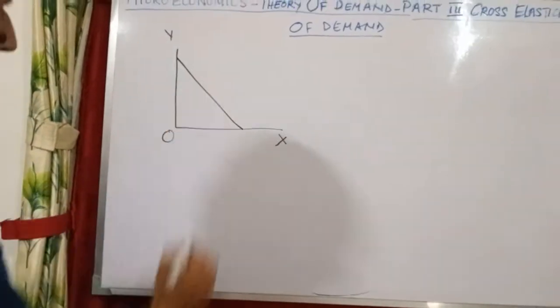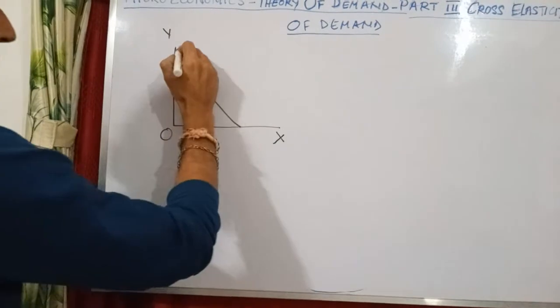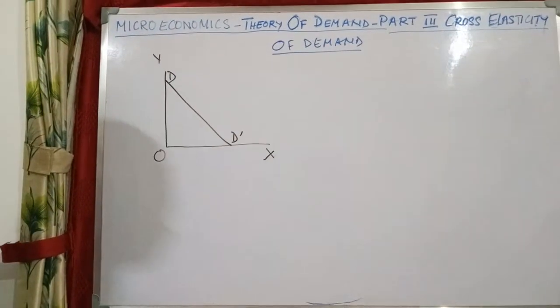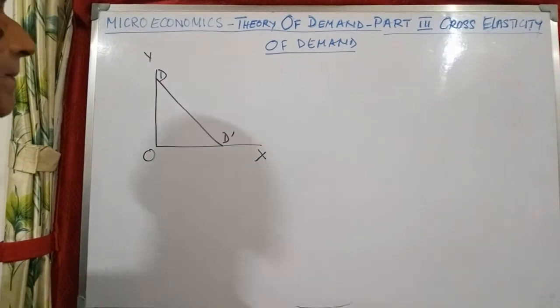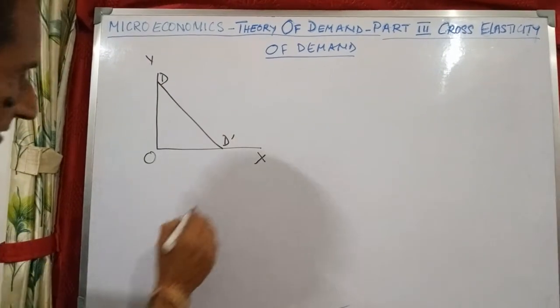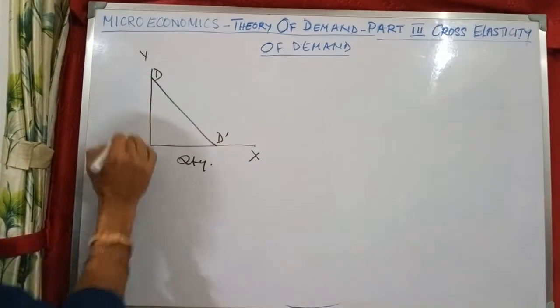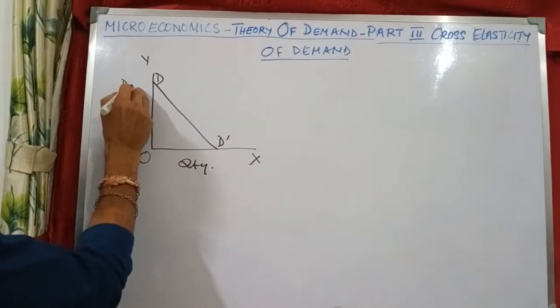Say this is the demand curve. DD' is the demand curve. On the x-axis we measure quantity and on the y-axis we measure price.